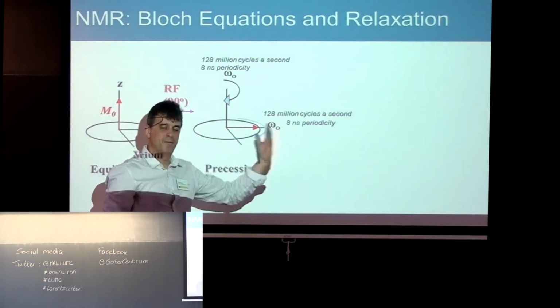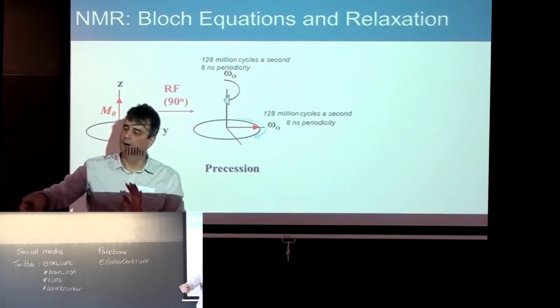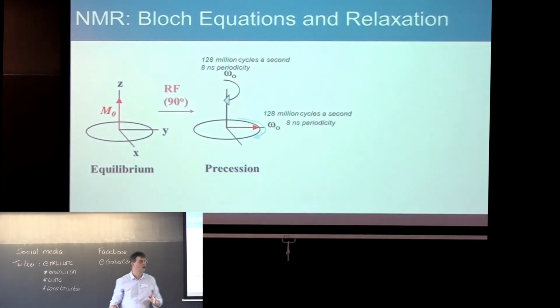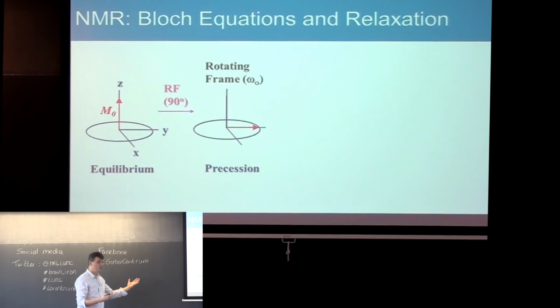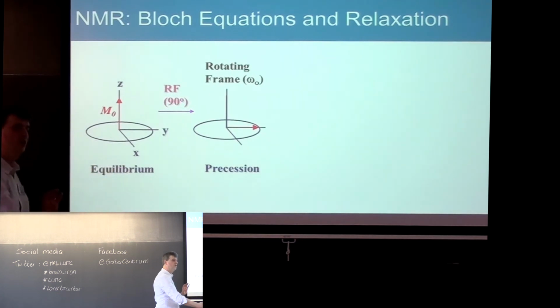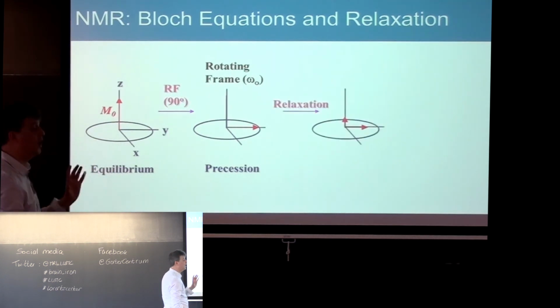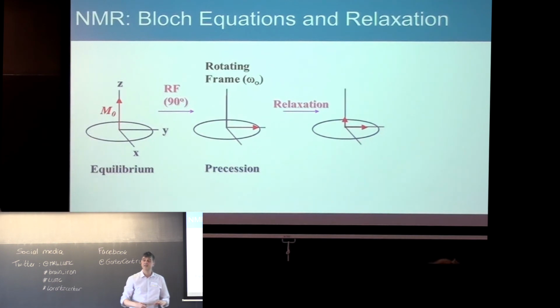We don't have to worry what's happening every 8 nanoseconds. We can think about what's happening over a bit of a longer time scale. That's called going into the rotating frame of reference. And in that frame of reference we can take a longer look at what's going on, and we start to see the effect of the NMR relaxation.